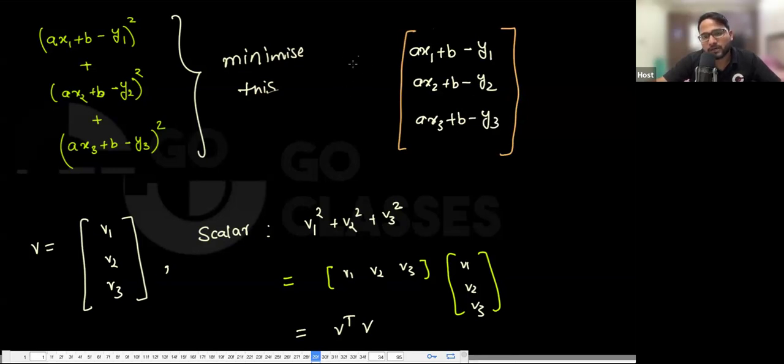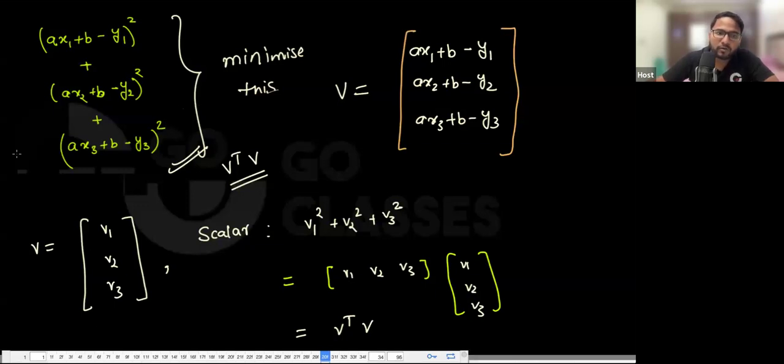I don't want to call this vector anything for now. Let's just call it v. So if this is v, then what is this? Isn't it v transpose v? Tell me. So if this is v, then this is v transpose v, right? Do you all agree with this?